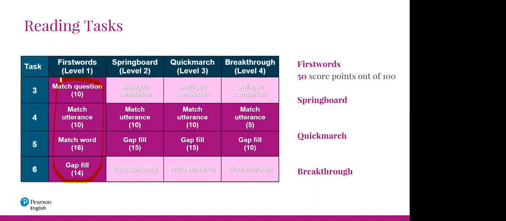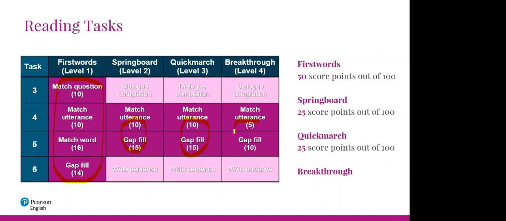Then at higher levels, level 2, 3, and 4, it's a little bit different because only tasks 4 and 5 count as reading. So for Springboard, we will have 25 score points that go to the reading section, as you can see, 10 and 15. The same for Quick March: 25 points go into the section of the performance report that is called reading, so it's counted as a reading skill.